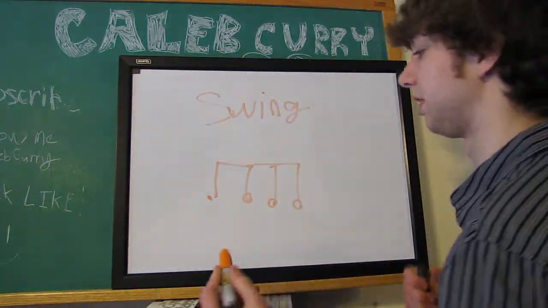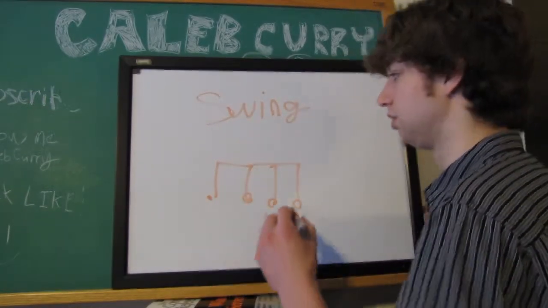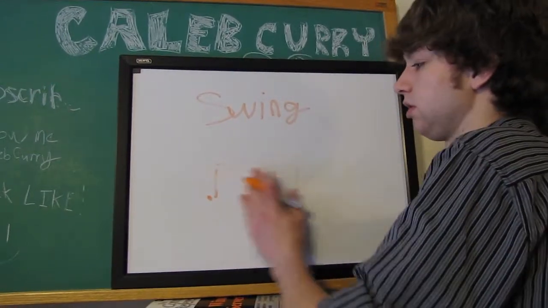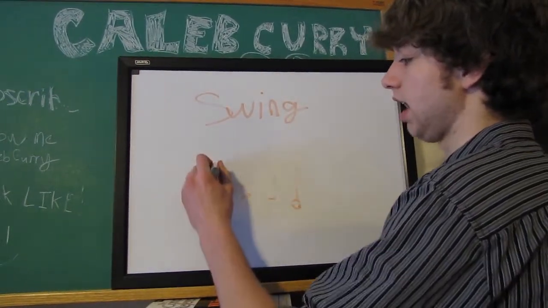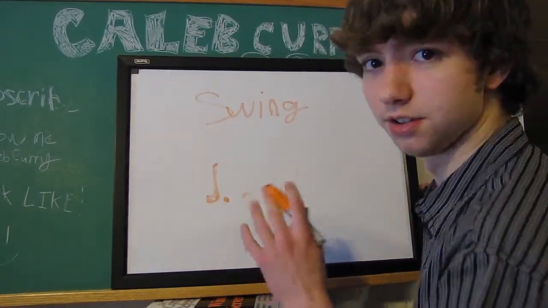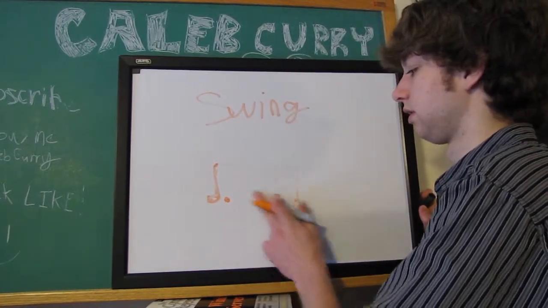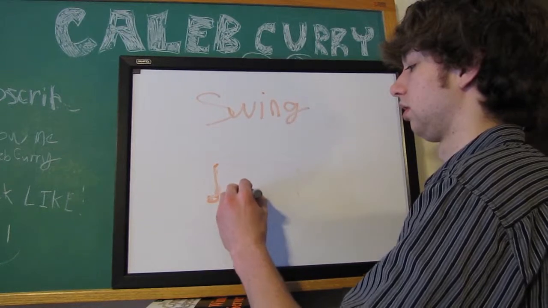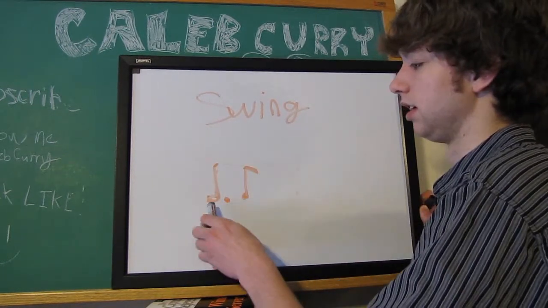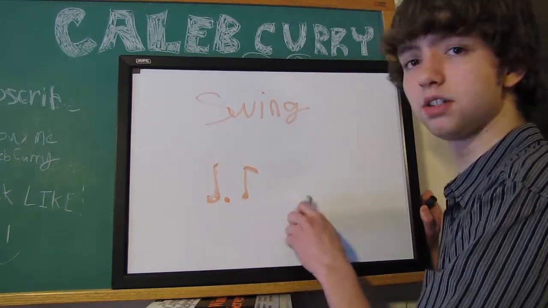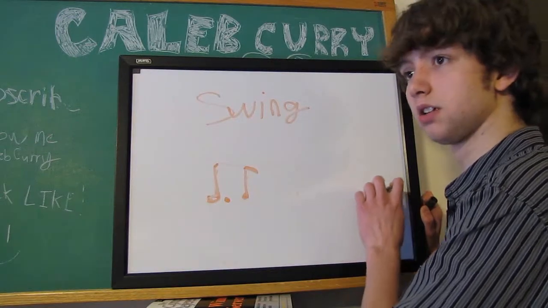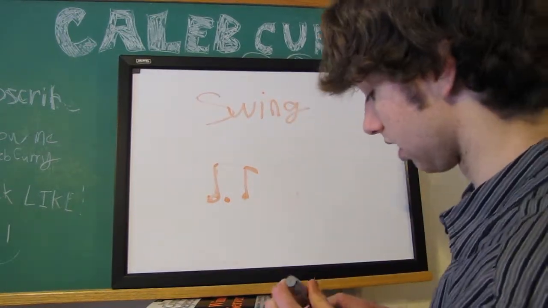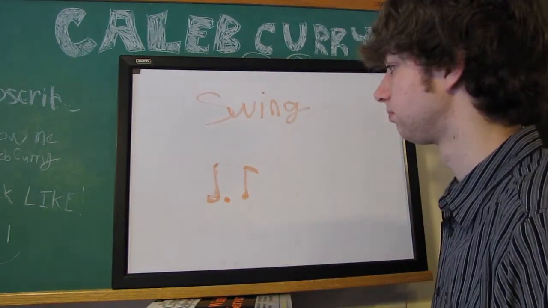Basically, rather than having an eighth note equal an eighth note, we set an eighth note to equal a dotted eighth note plus a 16th note. So now it's da da da da da da. That's sort of what it's like.